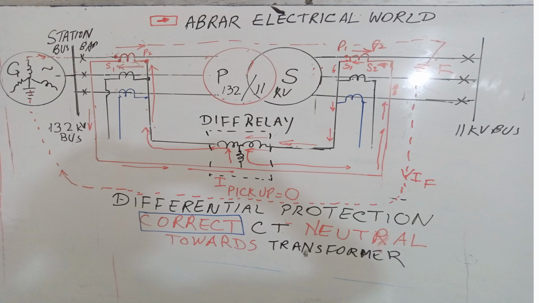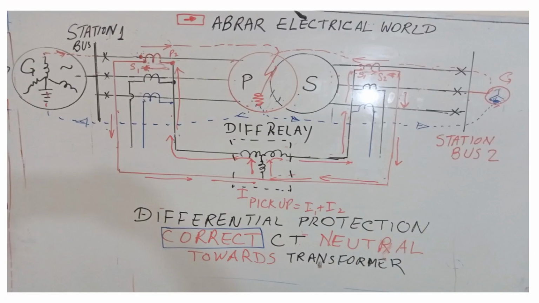What happens when the fault is internal? See here. Now I have shown the fault here, and I have added a generator here just to show you the direction of the current. So if the direction of the current is from both the sides like this, what will happen? From the left hand side, the current into the fault will flow and return from this blue line here.